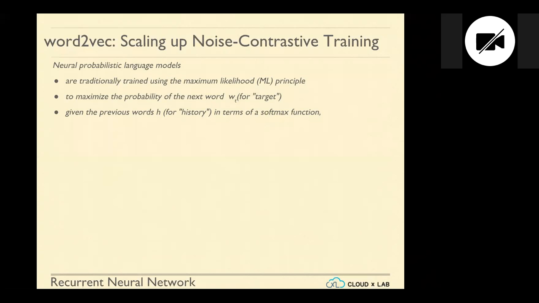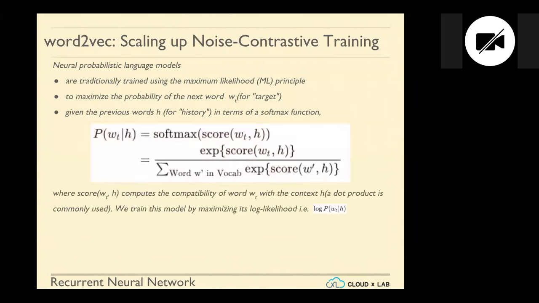What we always did was come up with the word embedding for each word such that the probability of the next word is highest.